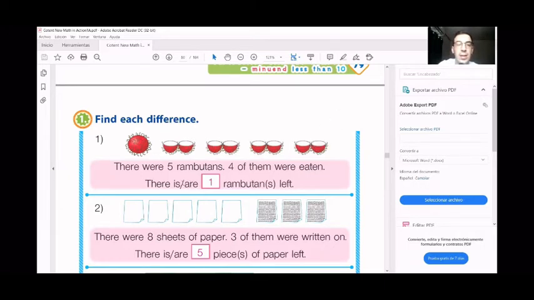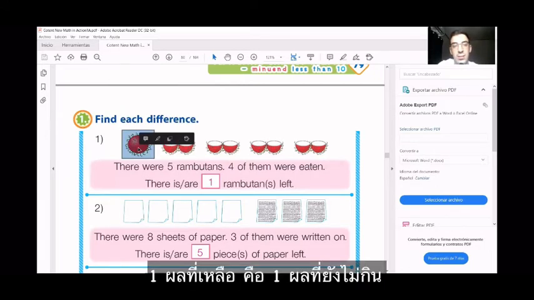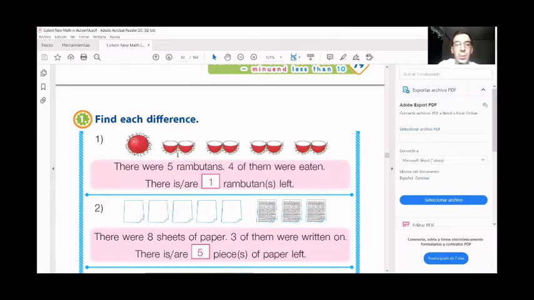So now we have to find if there is or there are rambutans left. Is there any rambutan left? Yes, this one. This one is not eaten, so it's left. So basically what we did is 5 rambutans that we had minus 4 that we have eaten.